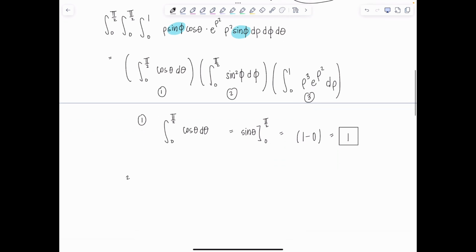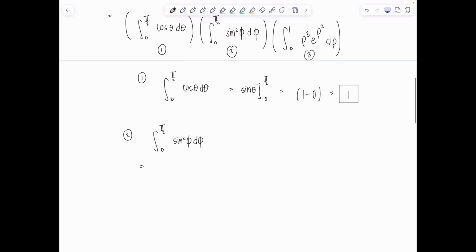Next one: 0 to pi over 2, sine squared phi d phi. Using the half-angle identity, that's 1/2 times the integral from 0 to pi over 2 of 1 minus cosine 2 phi d phi.